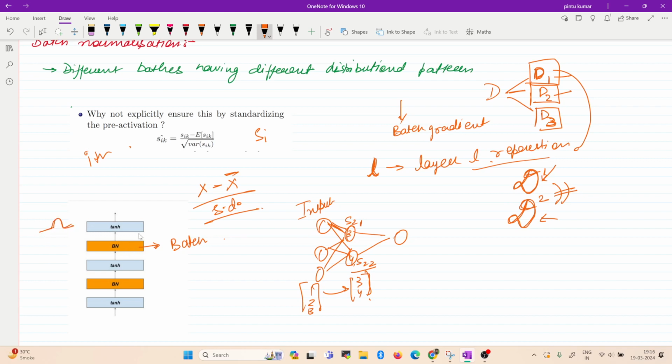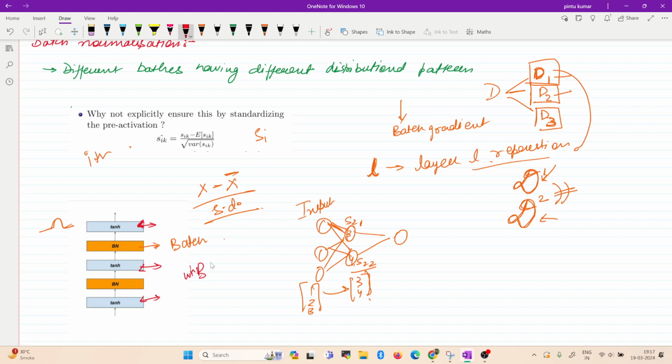And in this process, one more thing that happened is that because you were normalizing this layer, converting this to standard normal, and this to standard normal, now every layer within a network, so within a batch also, is following the same distribution.